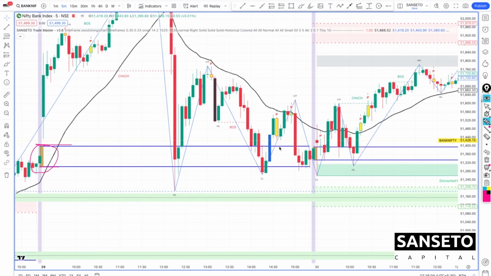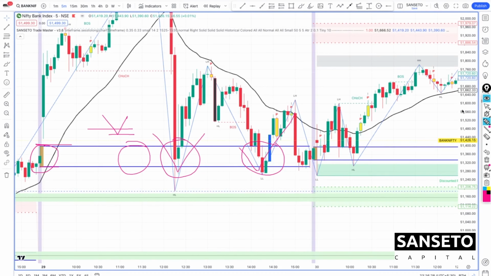You can see this is the support zone. The market has respected it and taken support here. Again, this is also the same support zone. In the market, we cannot put one particular line and say the market will take support exactly at this line. That is very, very impossible. That's the reason we are giving zones.